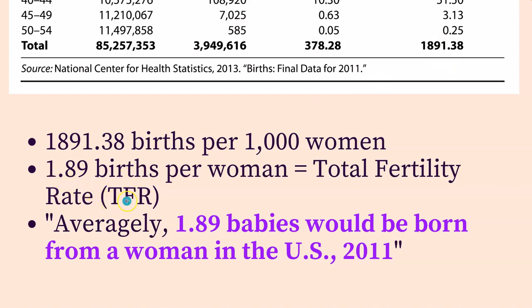So if the total fertility rate is 1.889, it means that on average, 1.9 babies would be born to a woman in the United States in 2011, because this is from the 2011 data on the health status of the United States. So this is the way of interpretation.